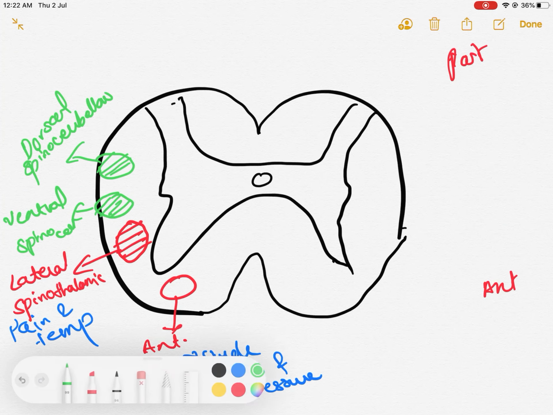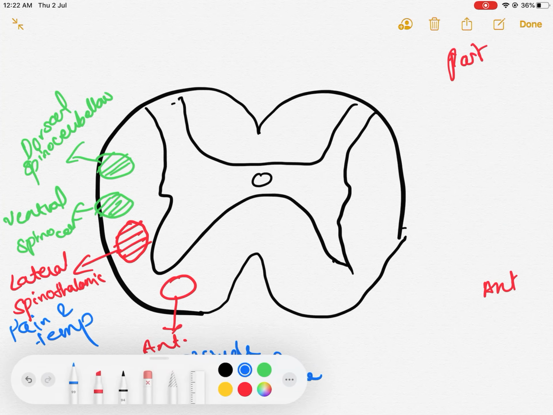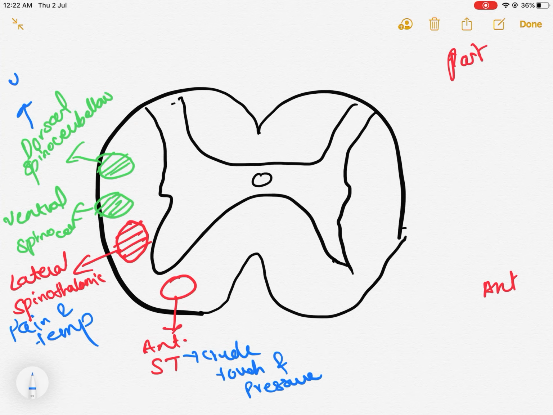The function of both these tracts is basically unconscious proprioception. What unconscious proprioception means is joint position sense in an unconscious state.